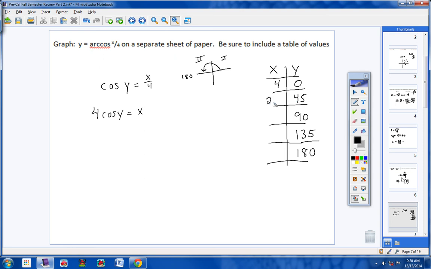It's totally okay to have a decimal. That's fine because we're graphing it. So I really want decimal numbers or whole numbers. Now put 90 in for Y. Cosine of 90 is 0 times 4 is 0. Now the cosine of 135 is going to be negative 0.707 times 4 gives you negative 2.83.